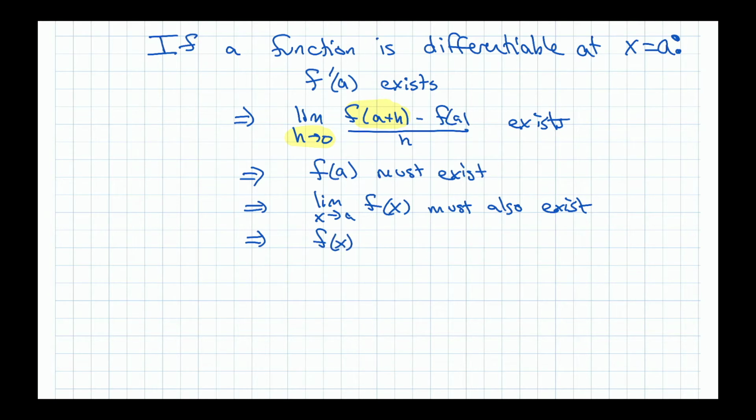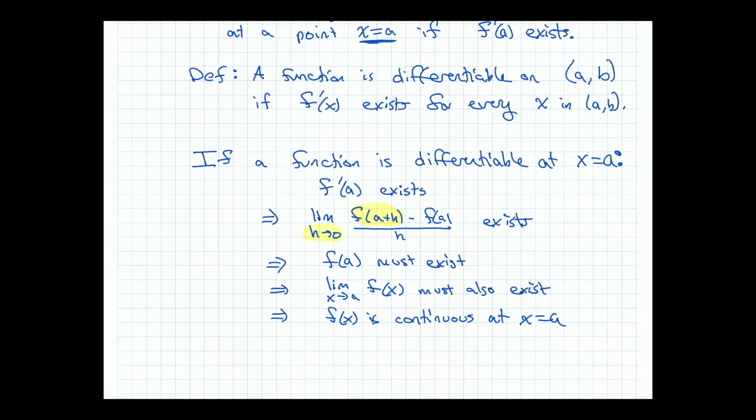F of x must be continuous at x equals a. I realize again that I didn't necessarily justify all of these things 100%, but they're all true. If a function is differentiable, then all of those things are true. Now, what's that mean?